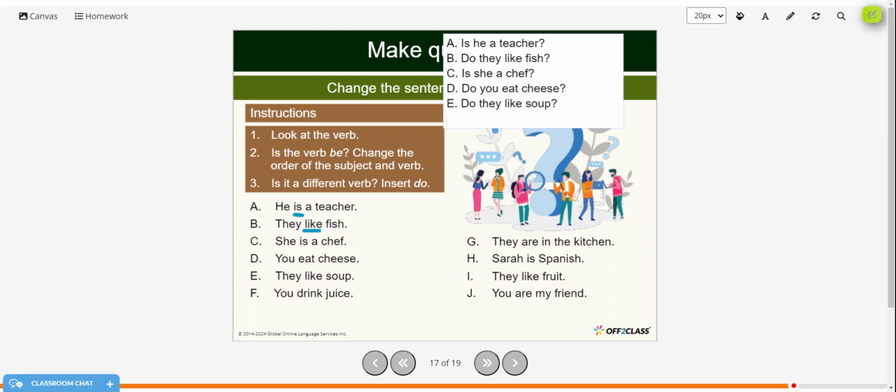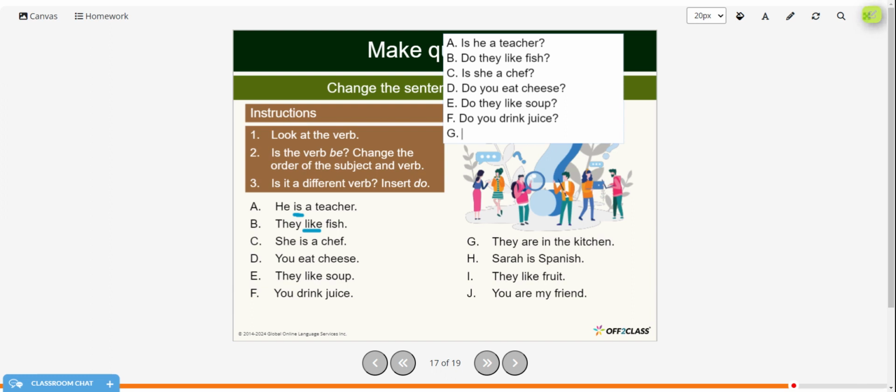Okay, letter F, you drink juice. Drink is the verb. It's not a form of to be, so we would add the word do to the beginning. Do you drink juice? Okay, letter G, they are in the kitchen. So are is the verb.